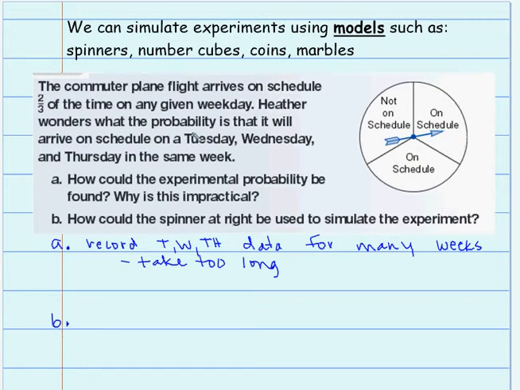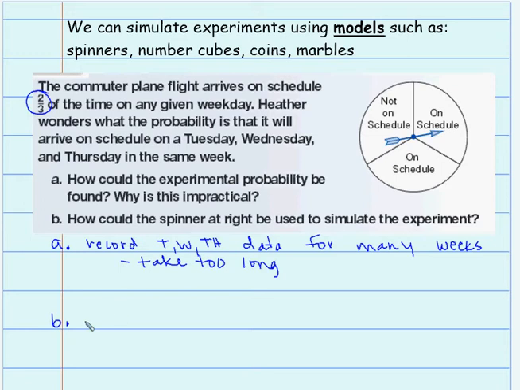So B, how can you use the spinner at the right to simulate the experiment? So notice we were told that the flight's going to arrive on schedule 2/3 of the time. And so we took a spinner and divided it into thirds and then put 2 of those thirds as on schedule and 1 as not on schedule. So how can you use that spinner to simulate the experiment?